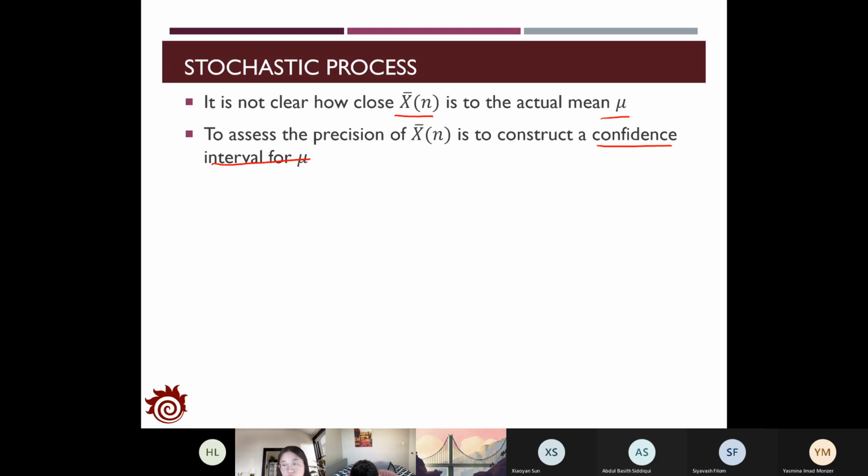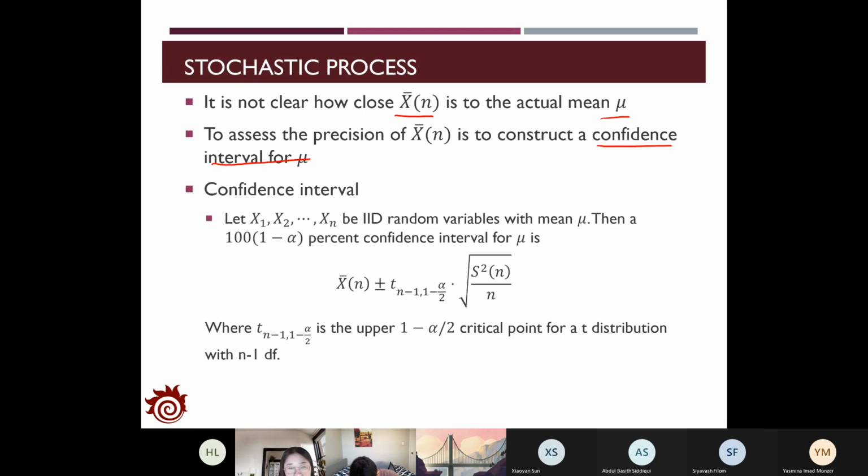So to define the confidence interval, we first assume that x1 to xn are IID random variables with the same mean, and we don't know the value of the mean. And we want to find the 100 times (1 minus alpha) percent confidence. So if alpha is 0.05, it will give us 95 percent.